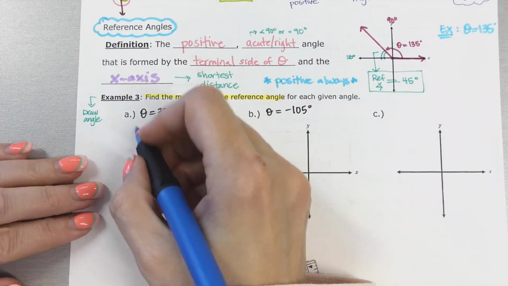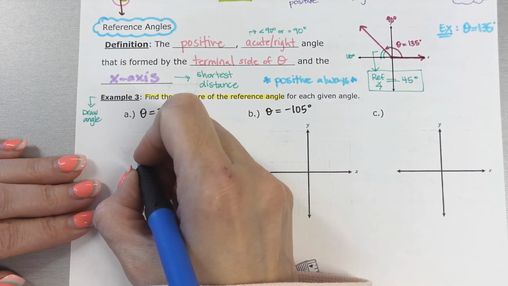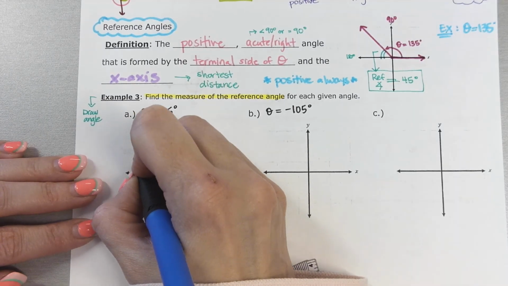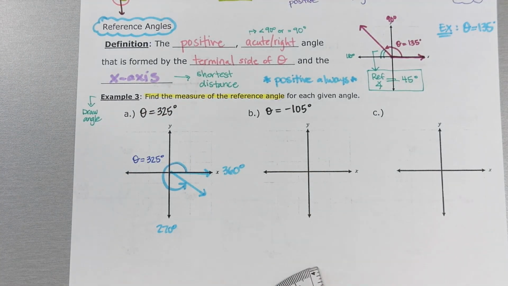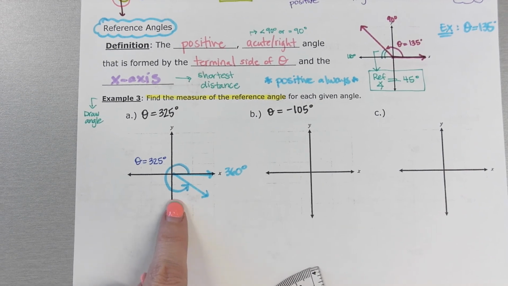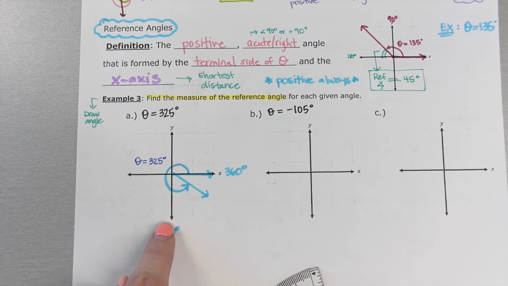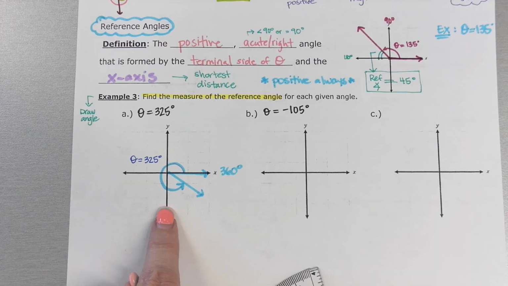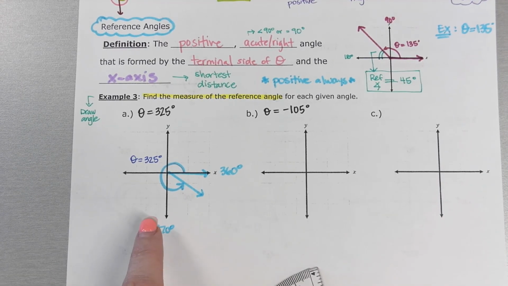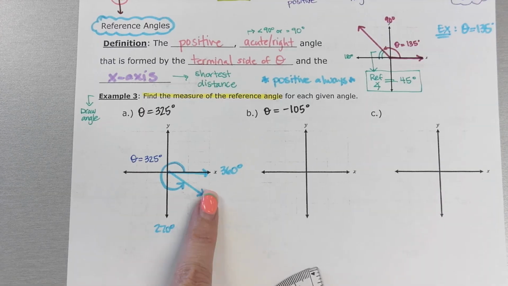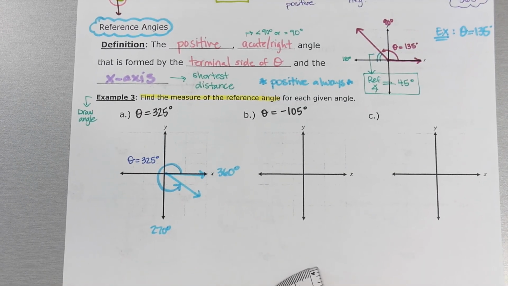If you're thinking about how far away it is from 270 to 325, what is that distance? Isn't it 55?